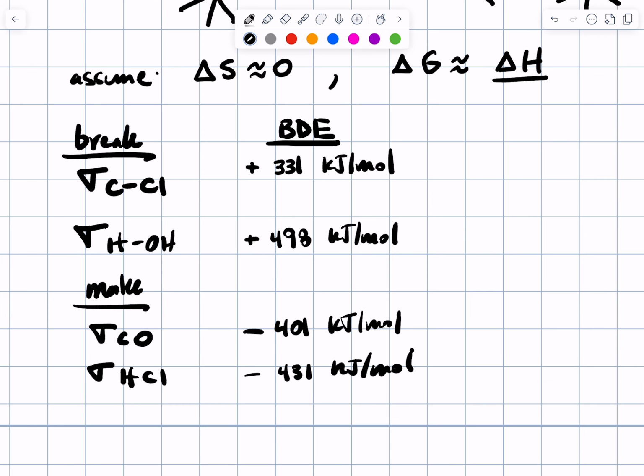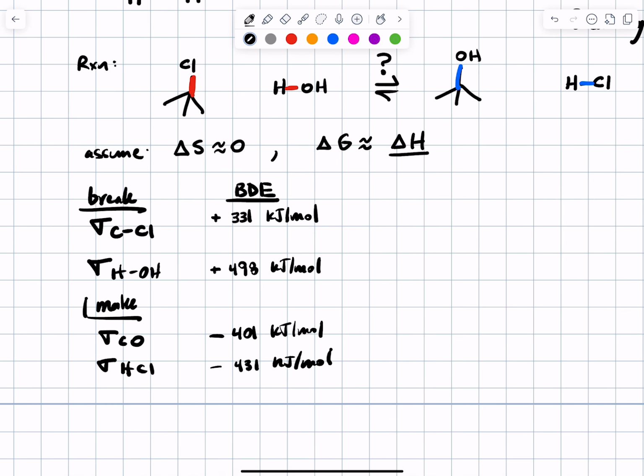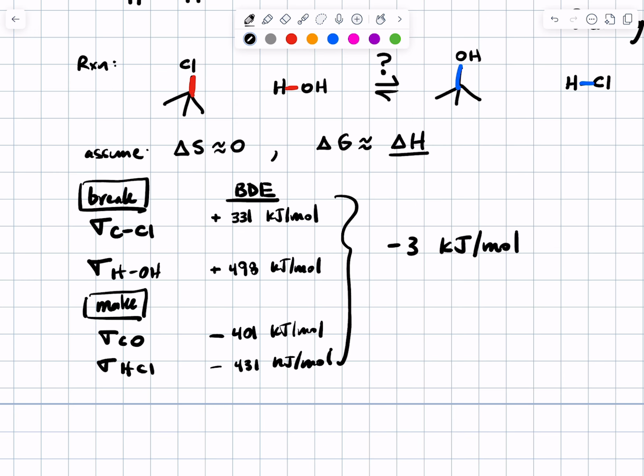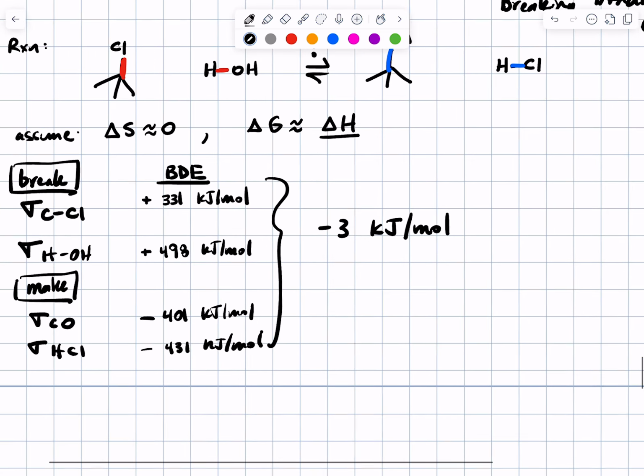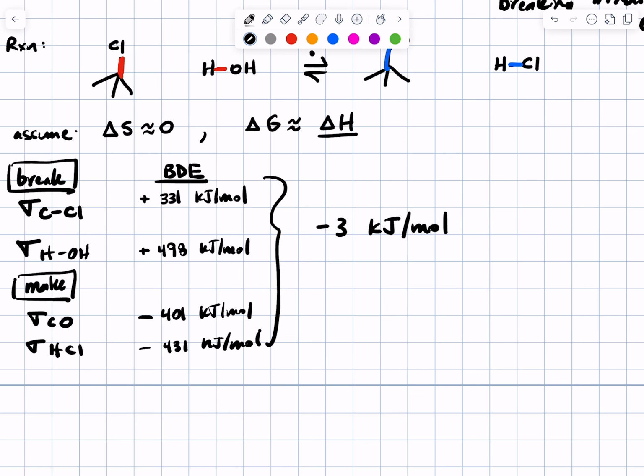So now we can basically add all of this up, the bonds that you break versus the bonds that you make. You add all that up, and you would come to the conclusion that that's downhill by overall -3 kilojoules per mole. Okay? Or alternatively, we'll actually do the math, shall we?